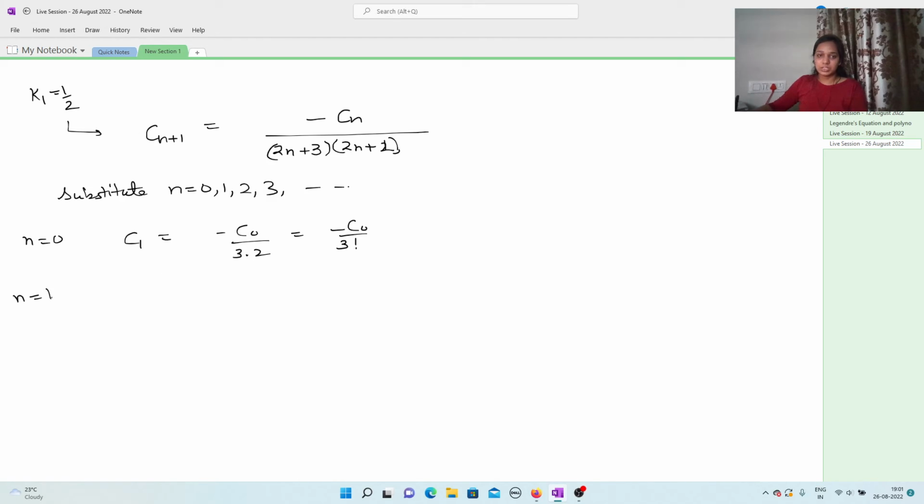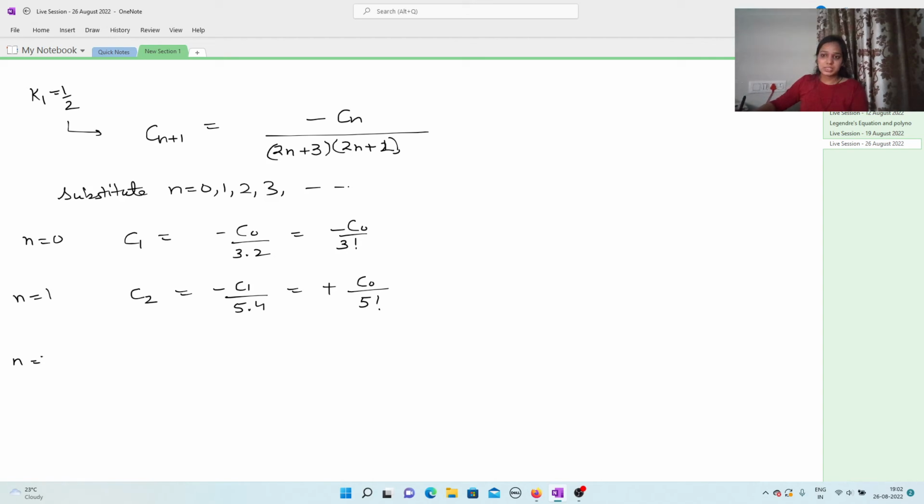If we substitute n equals 1, we get C2 equals minus C1 over 5 into 4. And if we replace C1 by this, what will this be? Plus C0 over 5 into 4 into 3 factorial, that is 5 factorial.